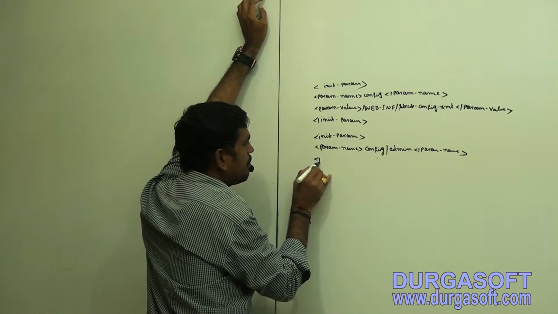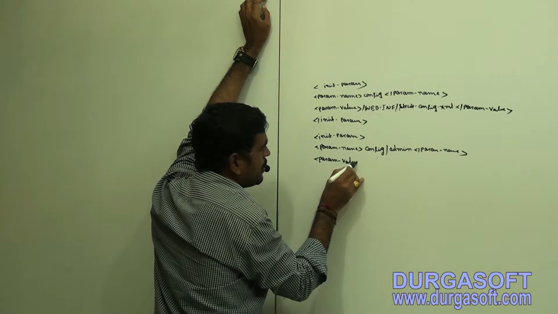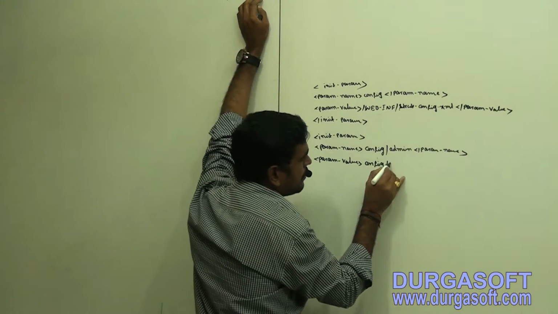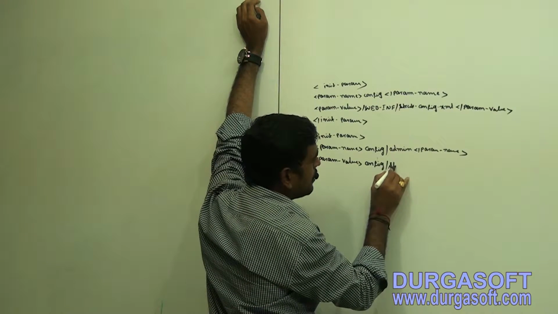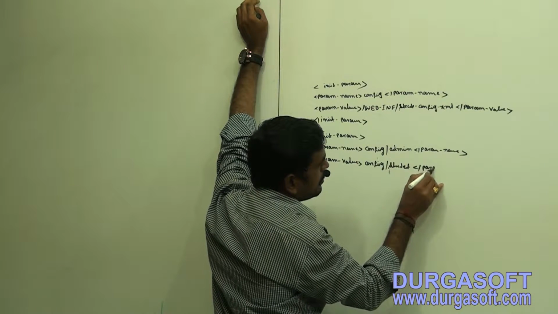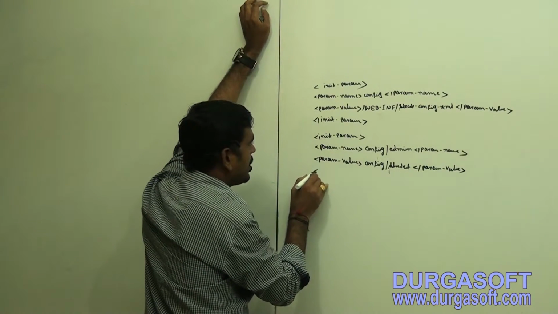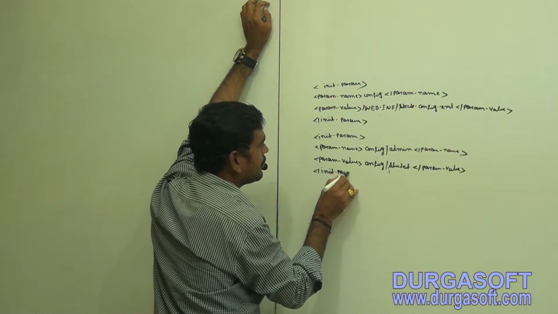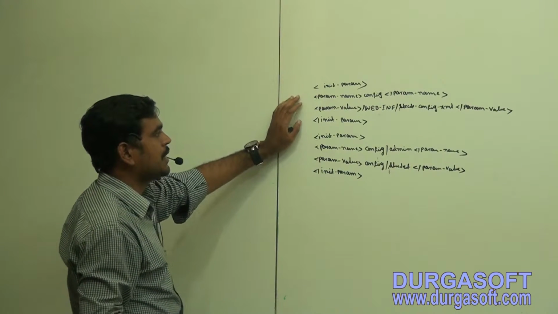The next param value config/student, close the param value. The next, after that close the init param. Close the init param. Like this.